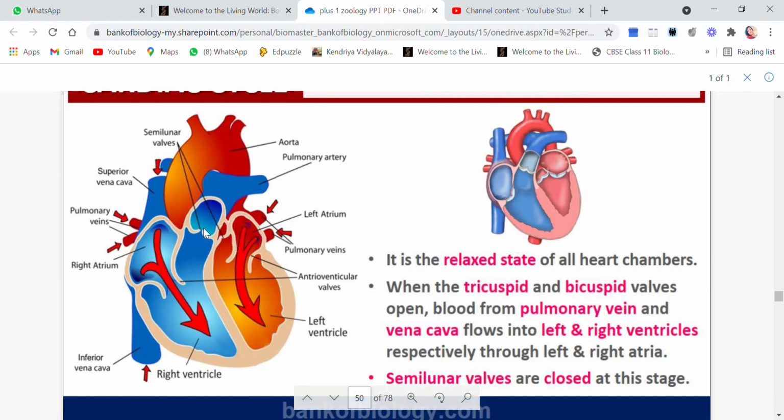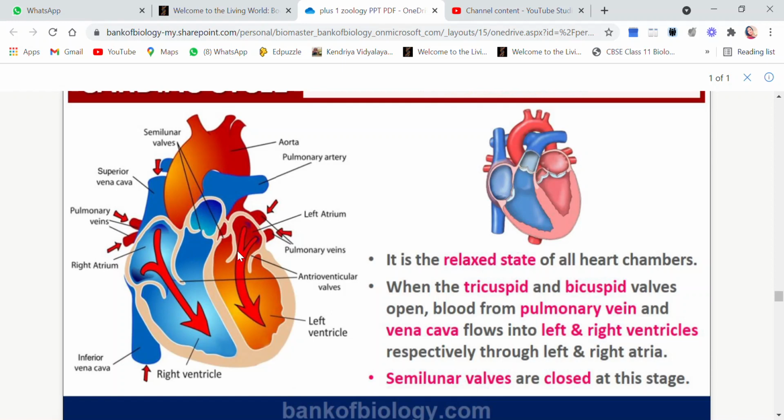So both the auricles are filled simultaneously, right? The right auricle is filled by the vena cavas, the superior and the inferior, which bring deoxygenated blood. And at the same time, the left auricle is filled by the pulmonary vein, which is carrying oxygenated blood. So at the same time, both the auricles are filled up with blood.